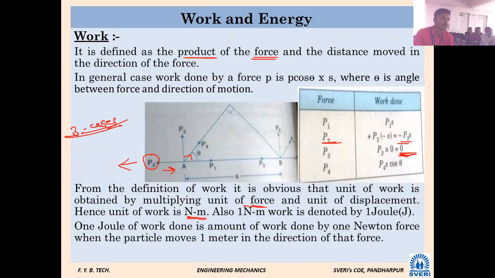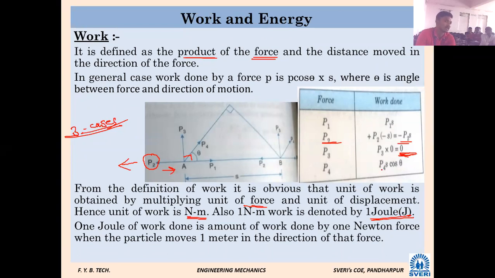So this Newton meter is known as 1 joule, and 1 joule per second is known as the amount of work done per second. What is that? Joule per second, watt. The unit of power is watt. Are you knowing this? Joule per second, we will see further, don't worry.